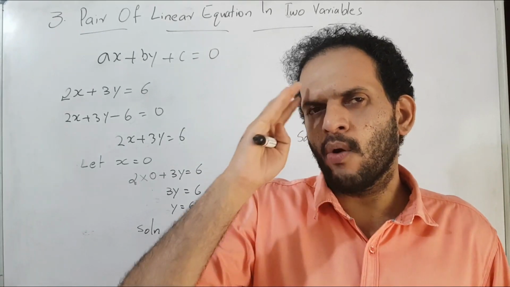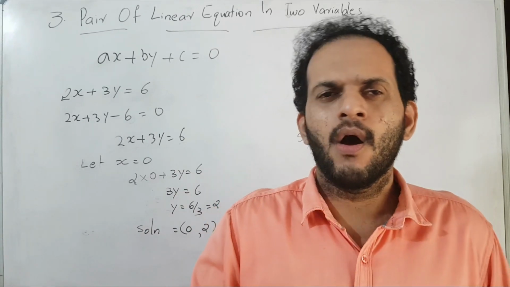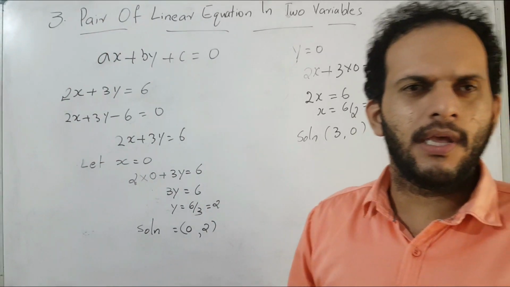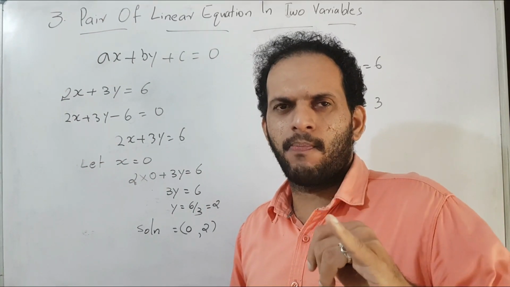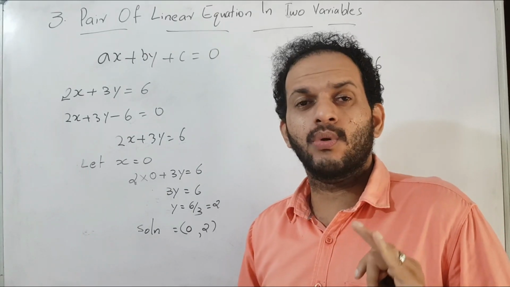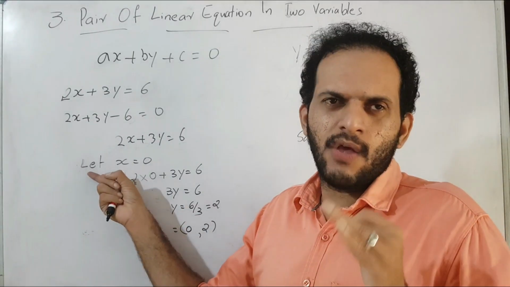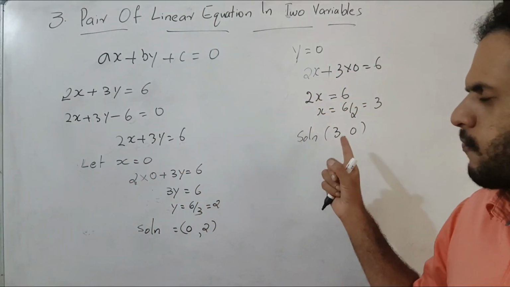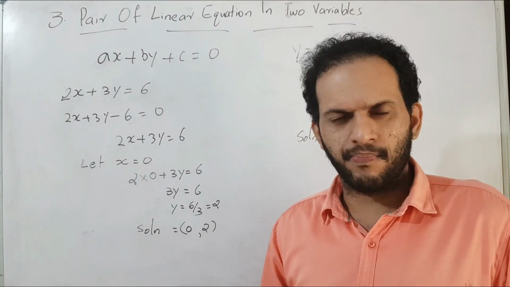I think now you have got the idea, or you recall the idea of what we discussed last year. That one is the standard form of a linear equation in 2 variables: ax plus by plus c is equal to 0. And the second one, how to find the solution of a linear equation. We choose any one value of x or y like this, and then it is possible to find many solutions of a linear equation in two variables.